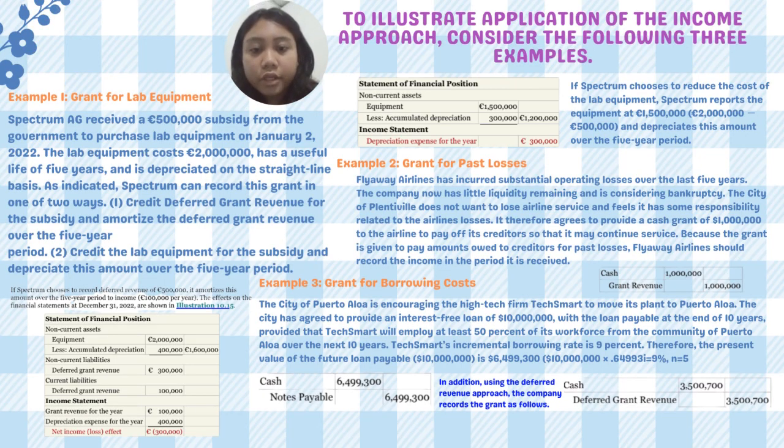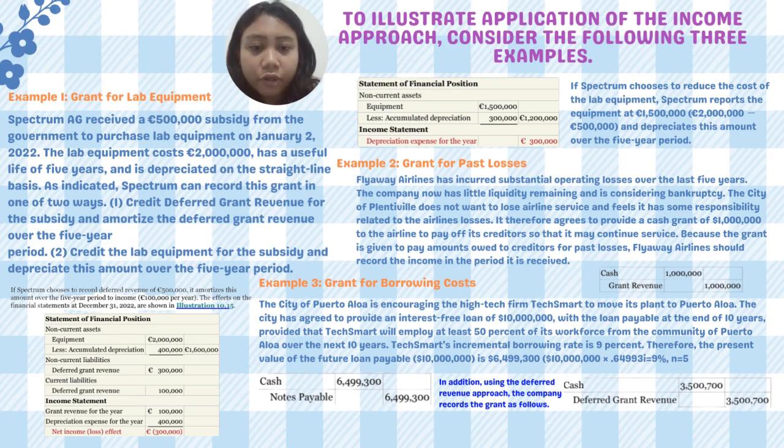300,000. For example 2, grant for past losses. Flyway Airlines has incurred substantial operating losses over the last 5 years. The company now has little liquidity remaining and is considering bankruptcy. The city of Plainfield does not want to lose airline service and feels it has some responsibility related to the airline losses.